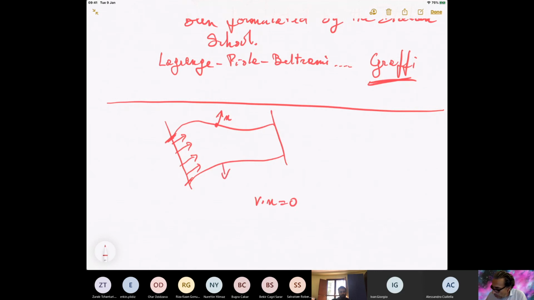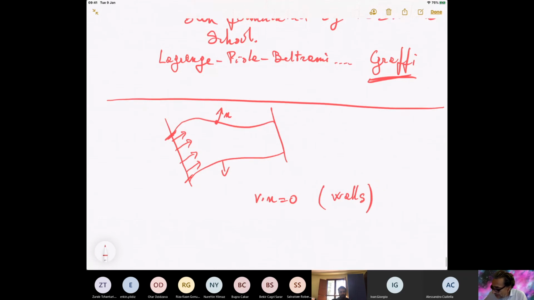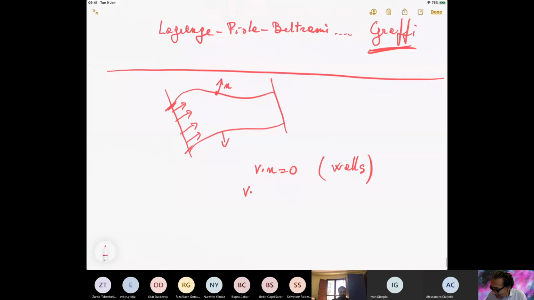These are the walls. Then you have where V dot n, n being the external normal of the boundaries of our channel. I call it channel because everything is Eulerian.